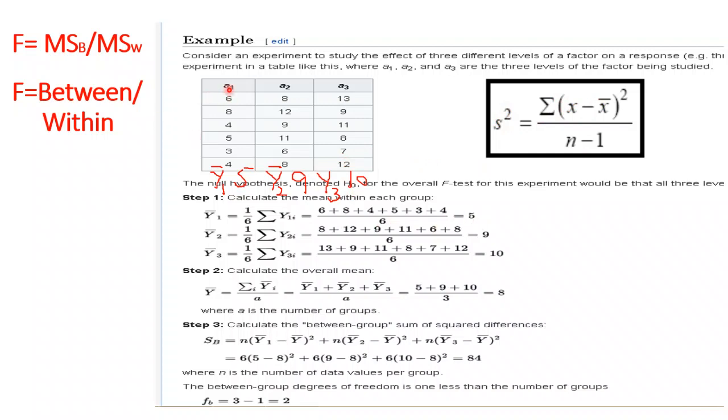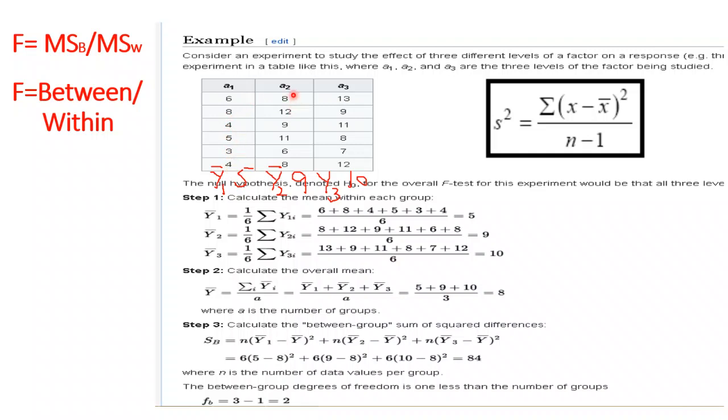Now, this A1 is, say, students of first year, A2 second year, A3 third year. They were taught some subject, say physiology, biochemistry, anatomy, whatever module it is, and they were then assessed. The scores of 6 students taken from first year were 6 out of 15, 8, 4, 5, 3 and 4 out of 15.